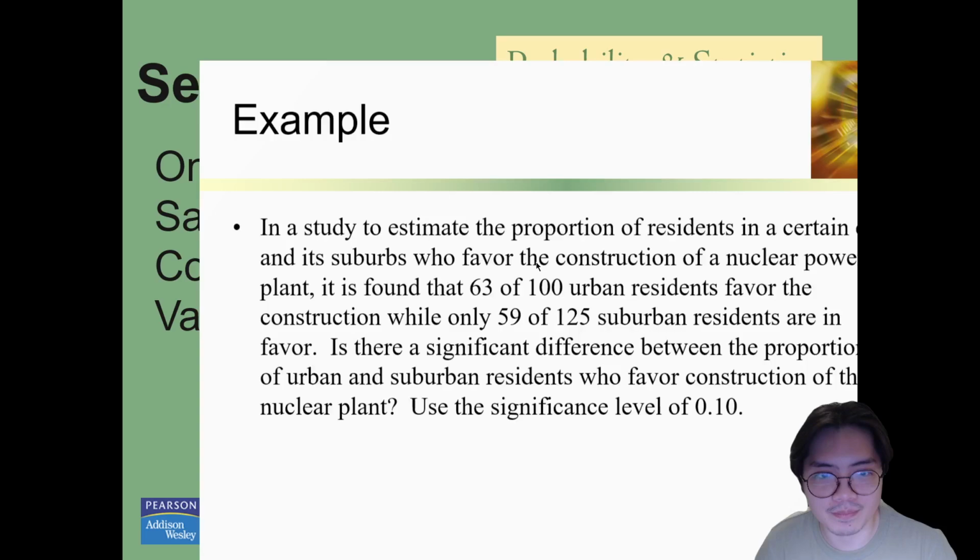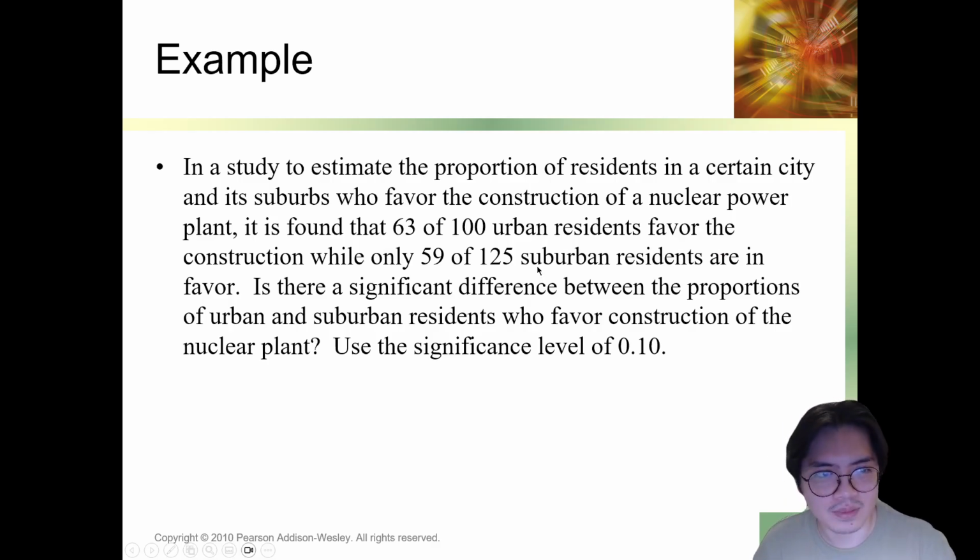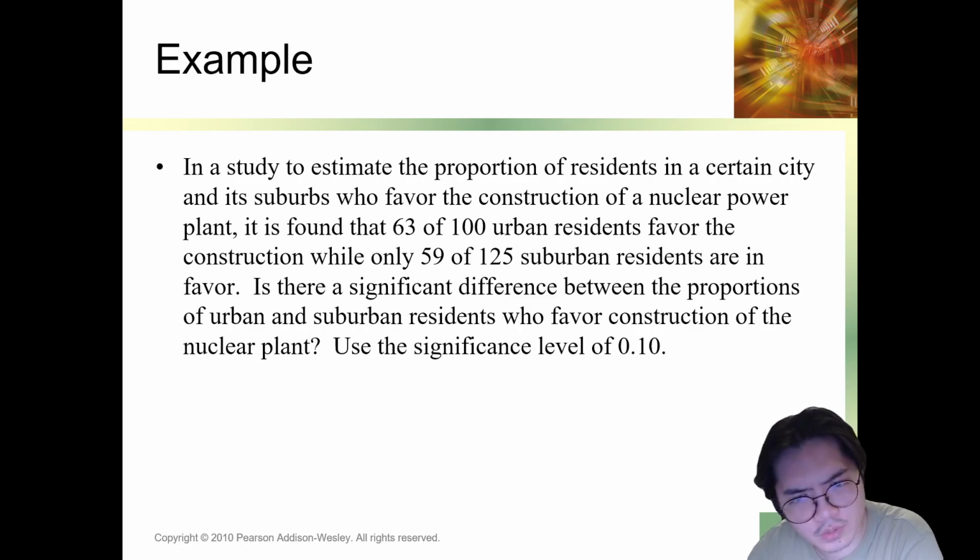Now, finally, before we go to variances, which is next video, we have number 10. In a study to estimate the proportion of residents in a certain city and suburbs who favor the construction of a nuclear power plant, it is found that 63 out of 100 urban residents favor the construction, while only 59 out of 125 suburban residents favor.